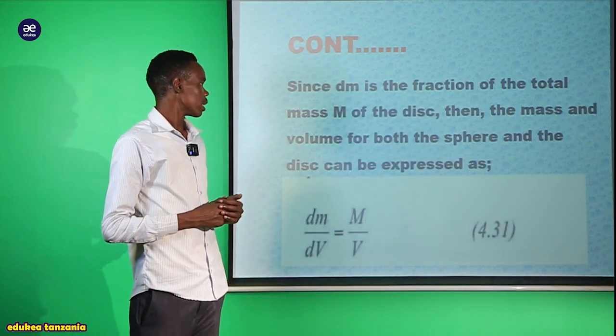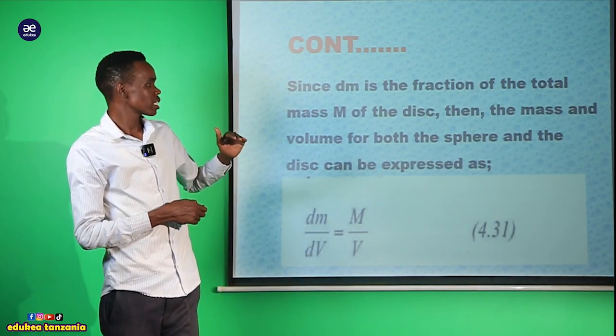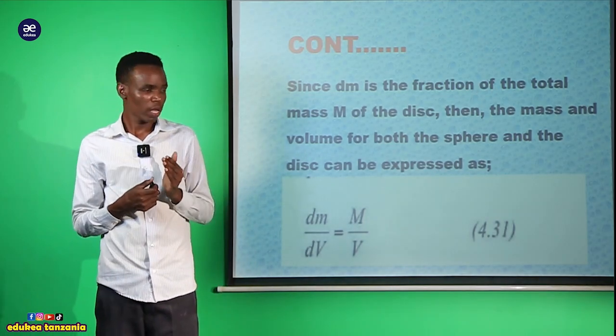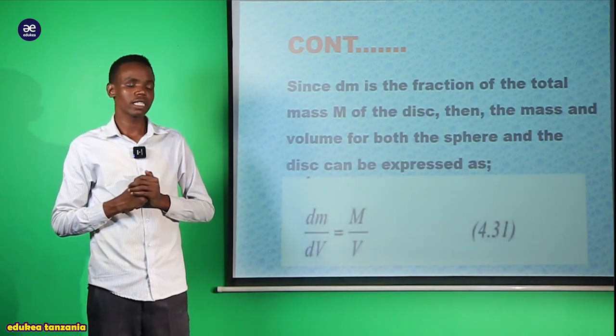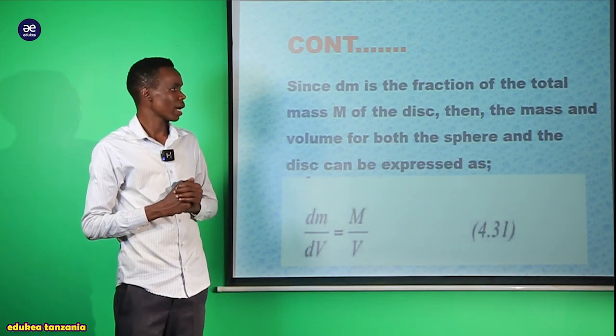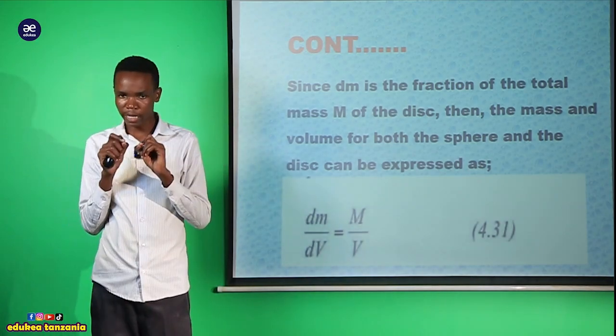After this, dm represents the fraction of the total mass of the disk.